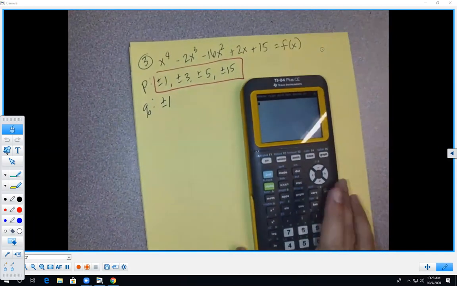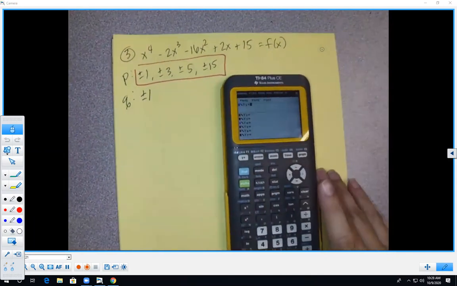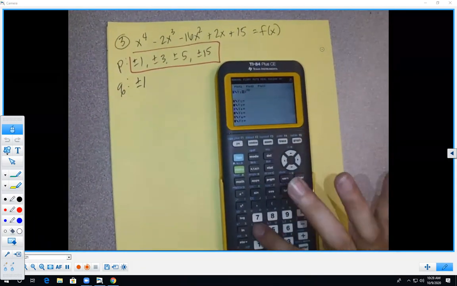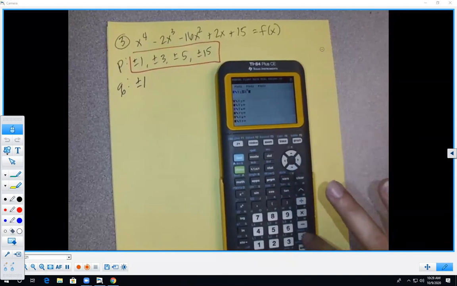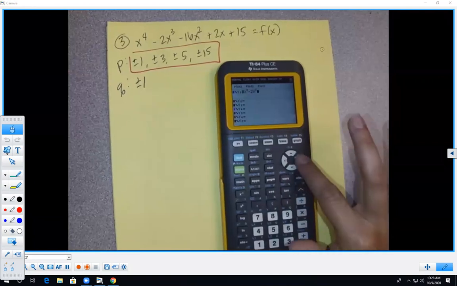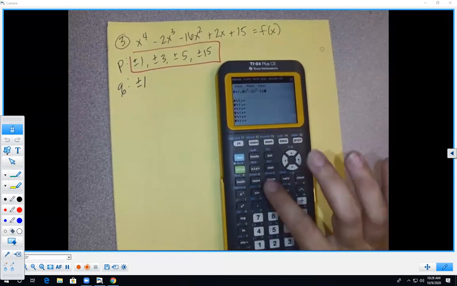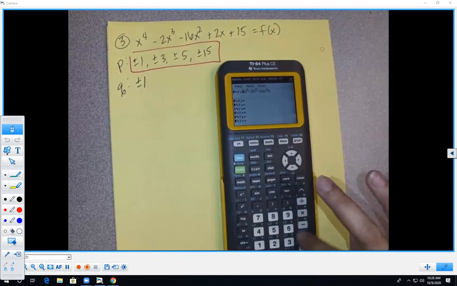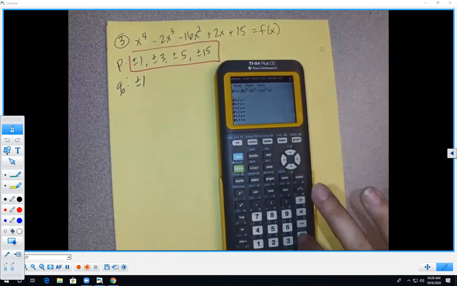Let's put this in our calculator to see which one we should choose first. So when I put it in my calculator, x to the 4th minus 2x to the 3rd minus 16x squared plus 2x plus 15.